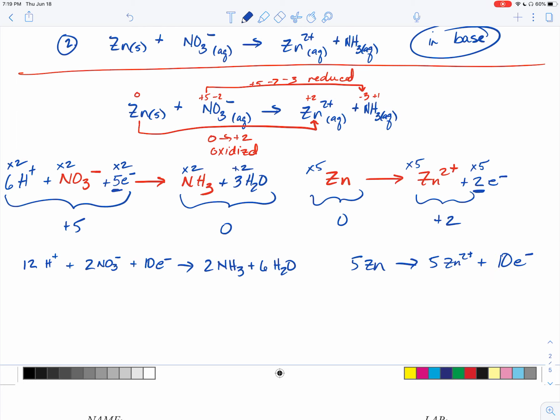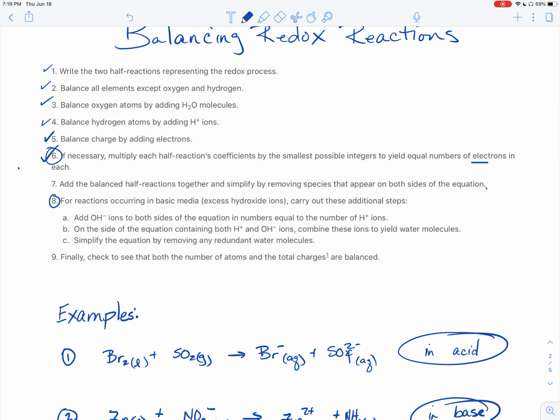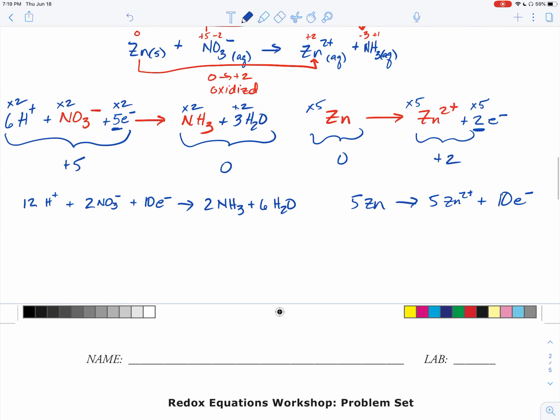10 electrons. And so now you can see that this electron and this electron are similar. Move on to the next step. Got that? We're going to add those guys together, and then we're going to remove anything that's similar. And so we're going to write everything that is on the left-hand side here and the left-hand side here together.